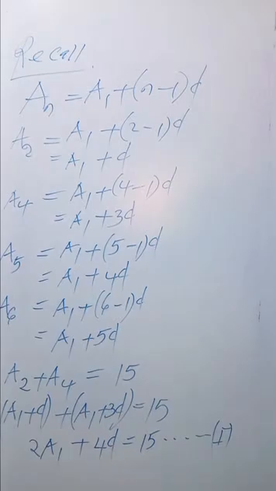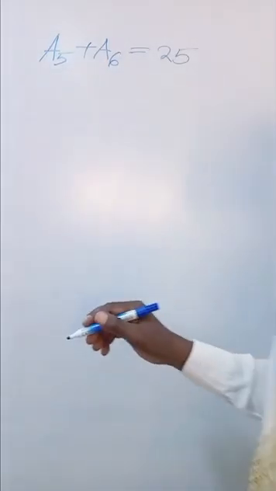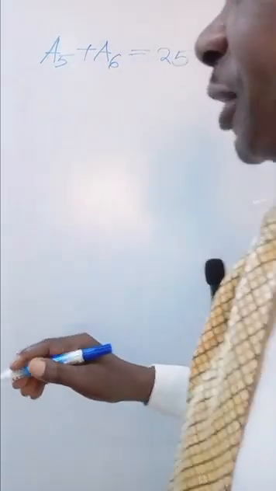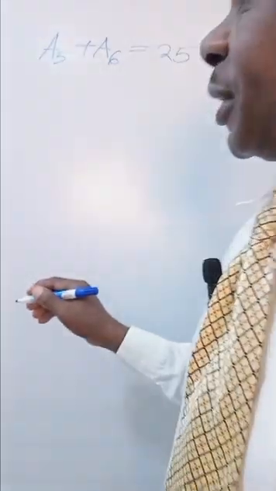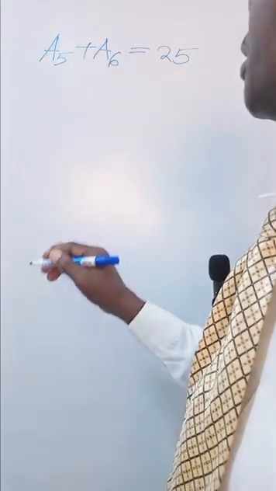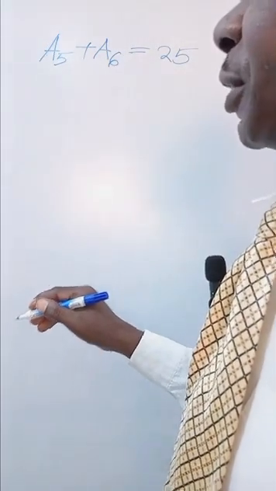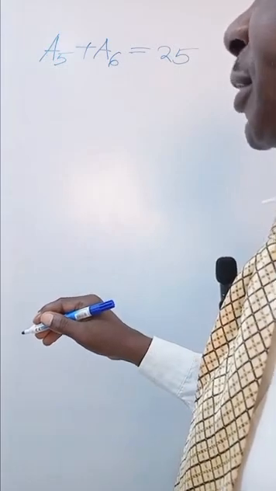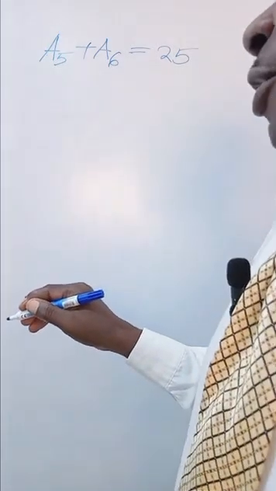Then equation number 2 will be, okay, putting the respective values, here is what we shall get. We said A5 equals A1 plus 4D, and A6 equals A1 plus 5D.